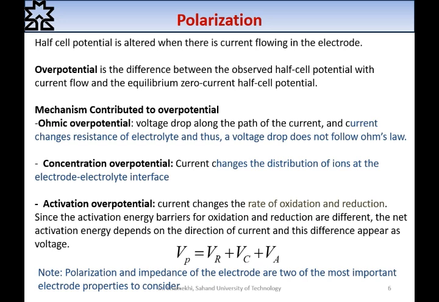And three mechanisms contribute to generate this overpotential. The first one is ohmic overpotential: voltage drop along the path of the current.